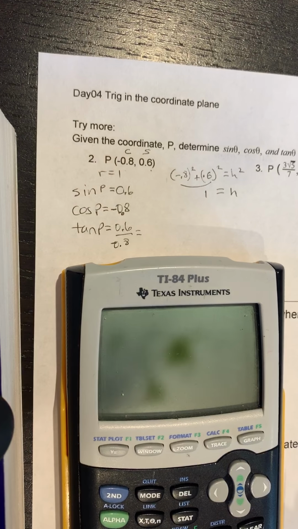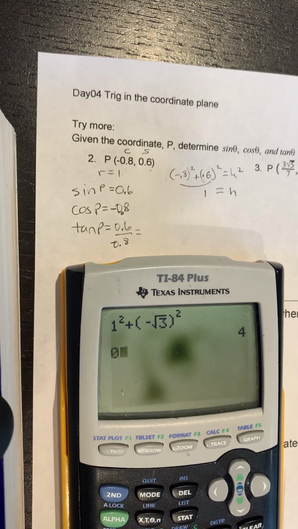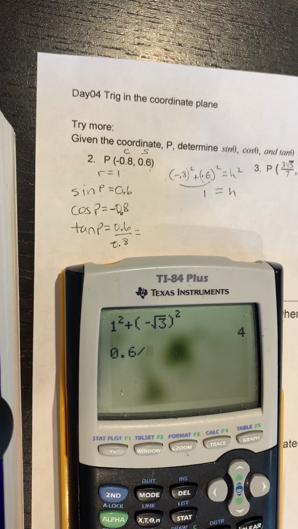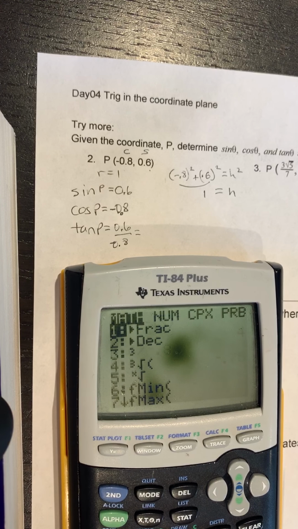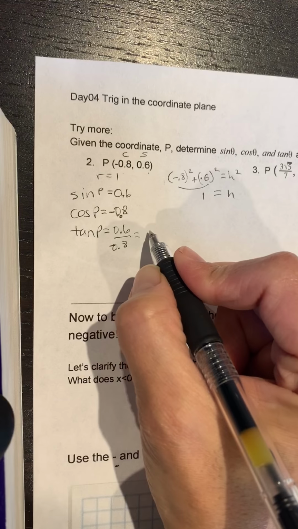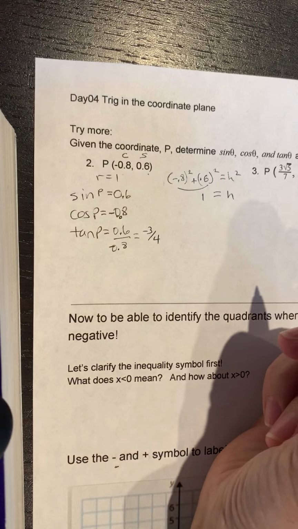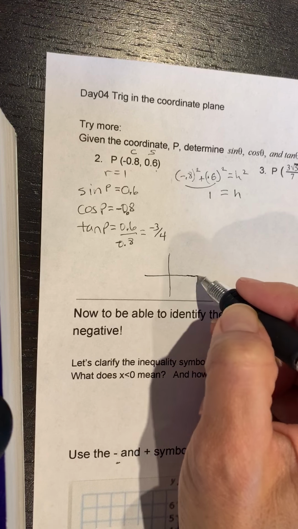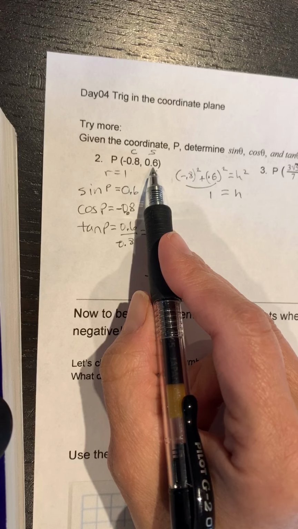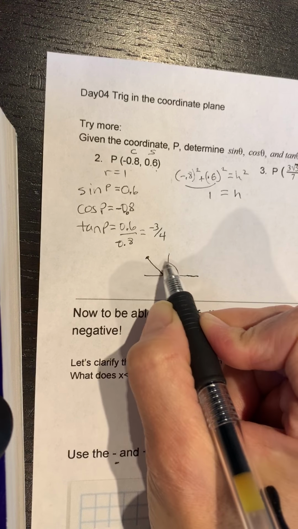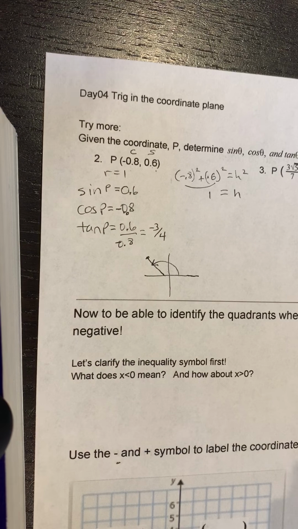If you want to calculate that, 0.6 divided by negative 0.8, math frac, oh, that's negative 3 over 4. Okay, there you go. And you draw that. That looks like negative, positive, yeah, it's around here. There you go. That's all you need to do.